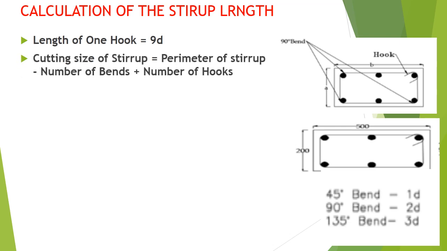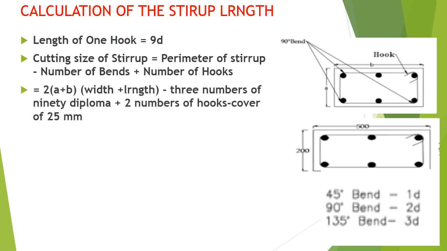Cutting size of the stirrup is equal to perimeter of the stirrup minus number of bends plus number of hooks. In our case, 2 into (A plus B), that is the width plus length, minus 3 numbers of 90-degree bends plus 2 numbers of hooks.